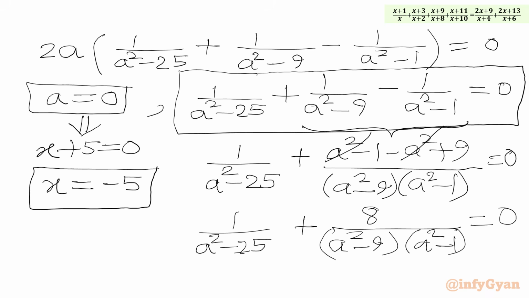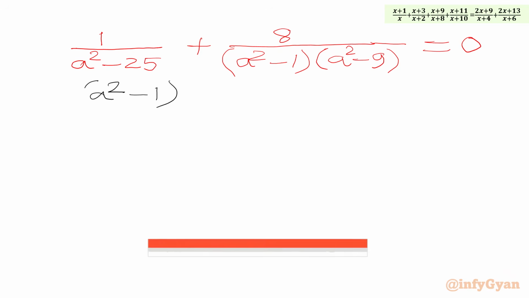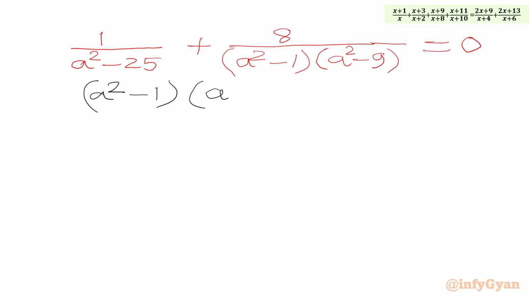Now we will take LCM for the last time. So if I write our equation, here it is. Now we will write in the numerator a square minus 1 times a square minus 9 plus 8 times a square minus 25.